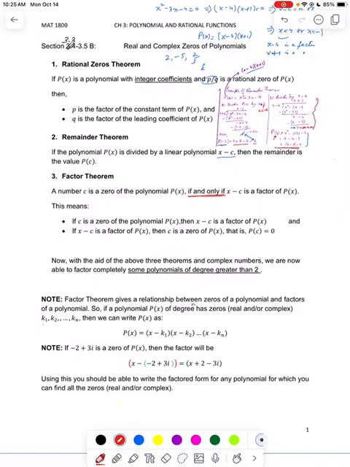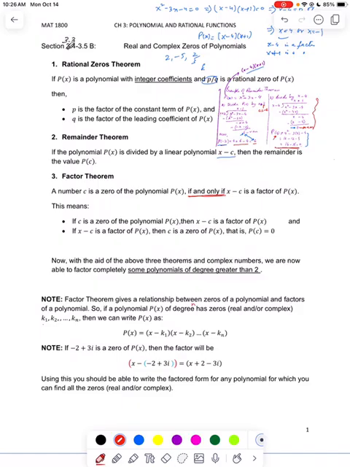So if it's a cubic polynomial, it can have 3 zeros in total, real or complex. But if you just count the real zeros, then it cannot have 2 actually.